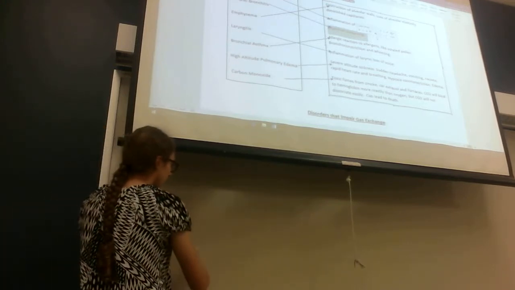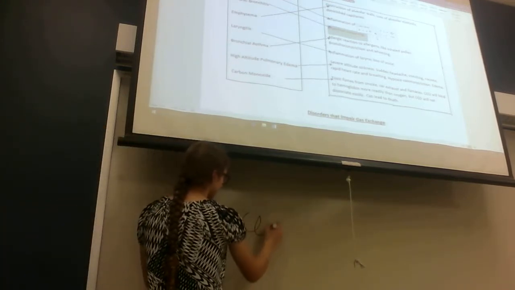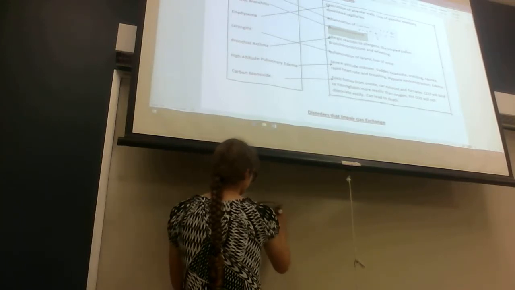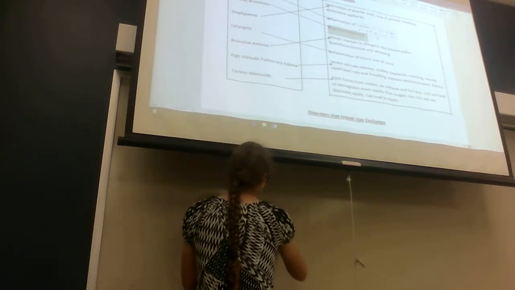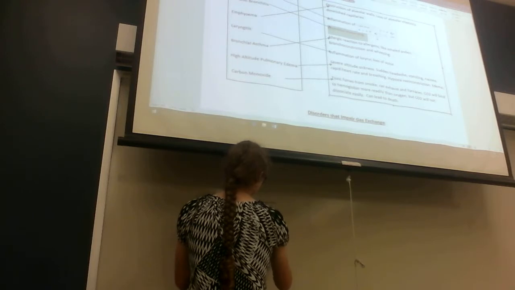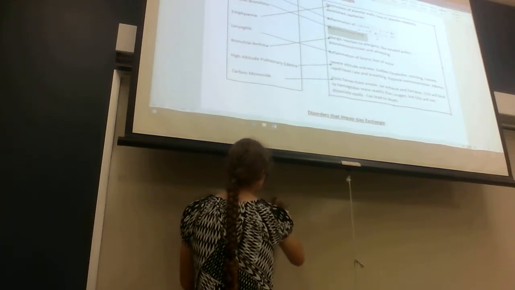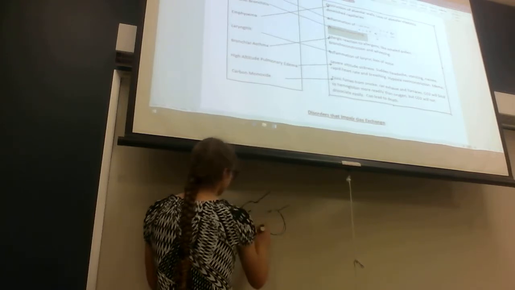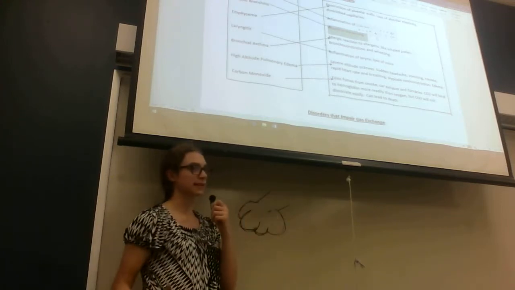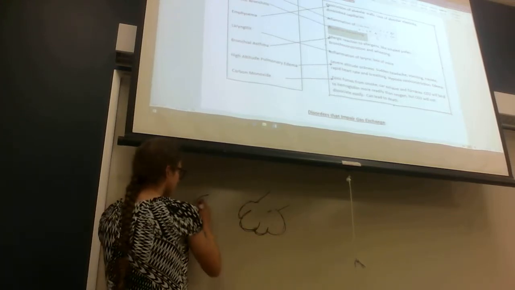The next one, emphysema. Now, I know emphysema is something that some people like to ask about. So typically you have alveoli, which are air sacs in your lungs. And these really function with oxygen supply. So when you have a lot of alveoli, you have a lot of surface area, right? And surface area is good.